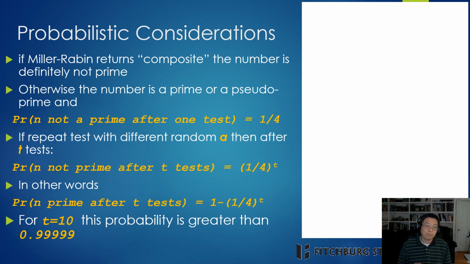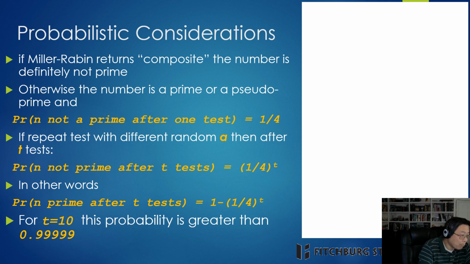Now let's look at it further. Every time the Miller-Rabin algorithm returns maybe a prime, it's probably a prime, but there's still a chance that it's not a prime. However, here's the most important part.